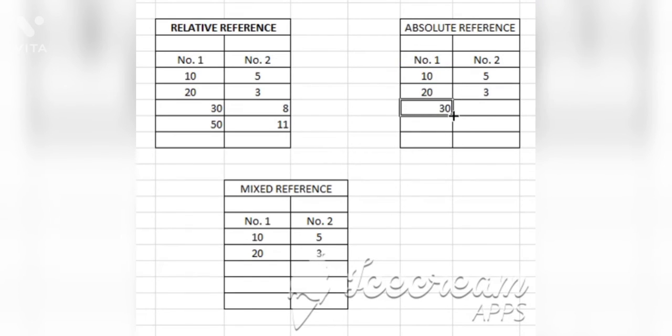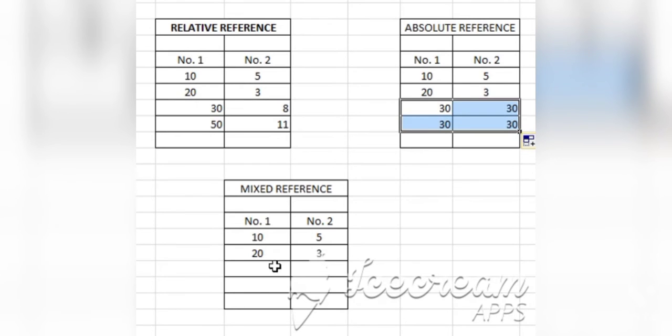This will apply the same in the next cell. The answer will be the same all over. Wherever you put it, the answer will be the same because we are using the dollar sign. So the row or the column values don't change. It remains the same. In relative reference, the values change. In absolute reference, you use the two dollar signs and the values cannot change.